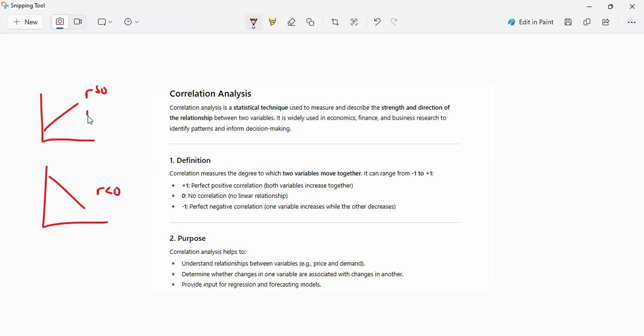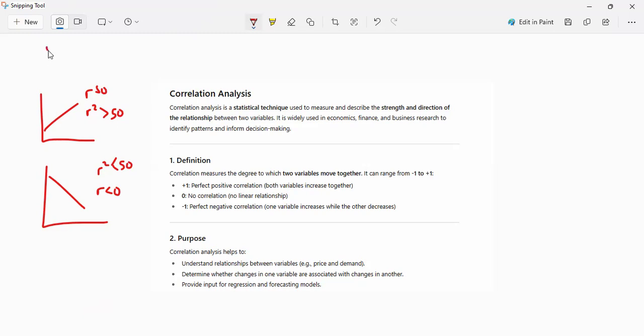Okay, then when your R, we square it and it's more than 50, this is a what? Is a strong relationship. And R squared is what? Less than 50. It is a weak relationship.